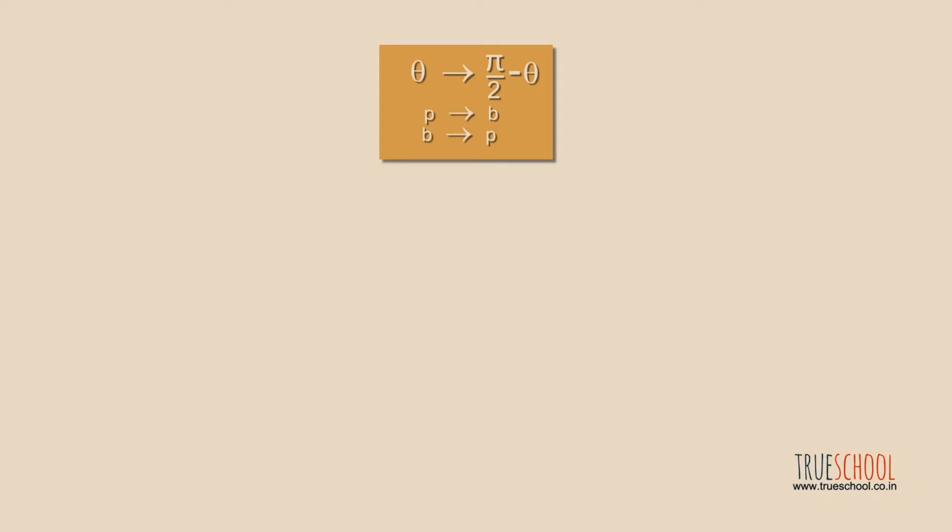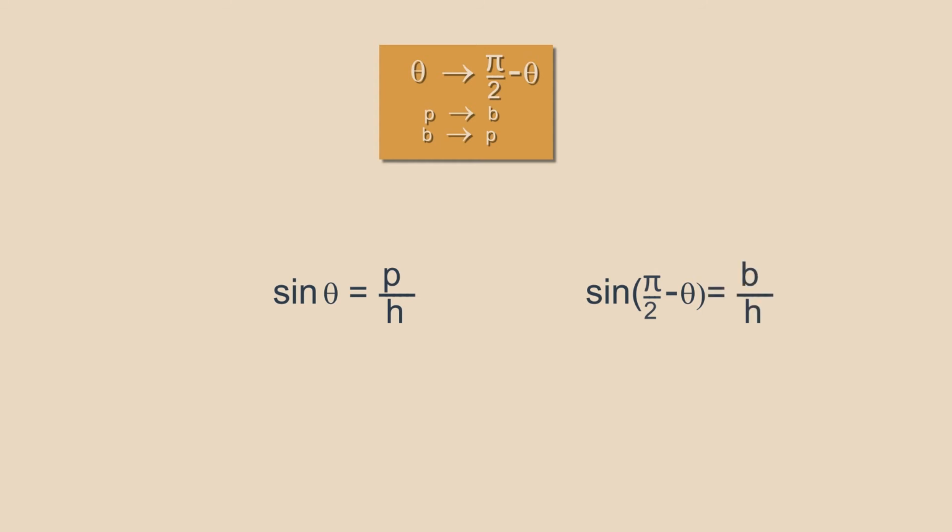Using this conclusion, let's see how sine theta and sine pi by 2 minus theta are related. As the sum of theta and pi by 2 minus theta is pi by 2, we can apply the concept we have just derived. So if sine theta is p by h, for sine pi by 2 minus theta, we will just replace p with b. So it becomes b by h. This is actually cos theta.